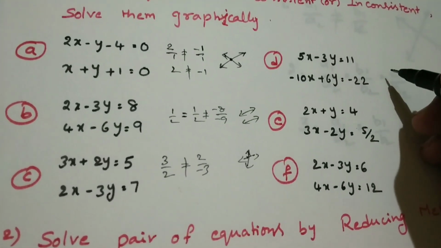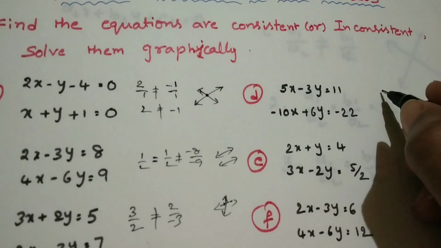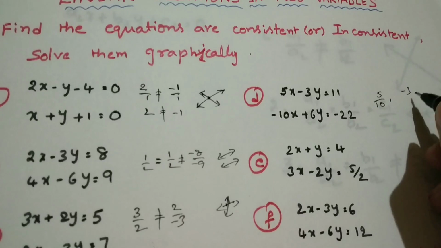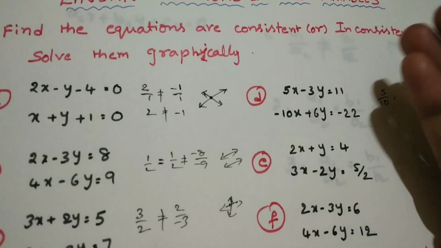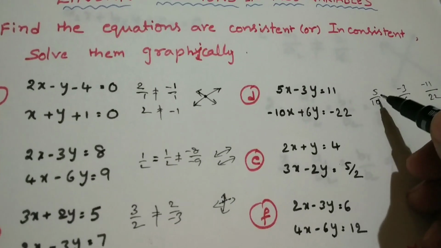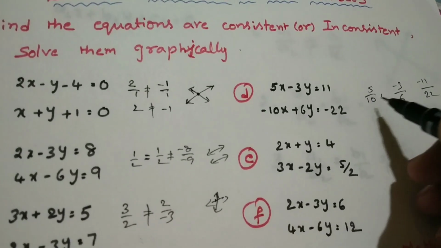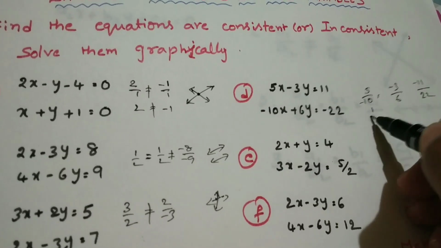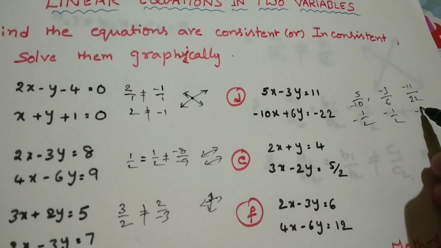For coincident lines, I am discussing one more example. a1 by a2 is 5 by minus 10, b1 by b2 is minus 3 by 6, and c1 by c2 is minus 11 by 22. Simplifying, a1 by a2 is minus 1 by 2, b1 by b2 is minus 1 by 2, and c1 by c2 is also minus 1 by 2.